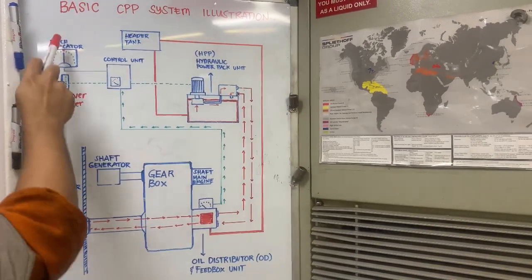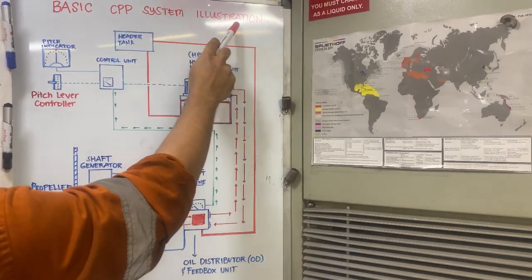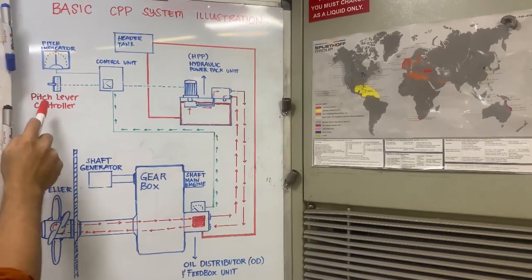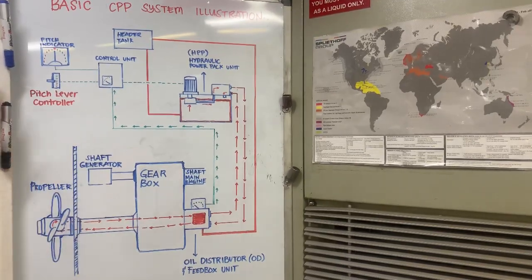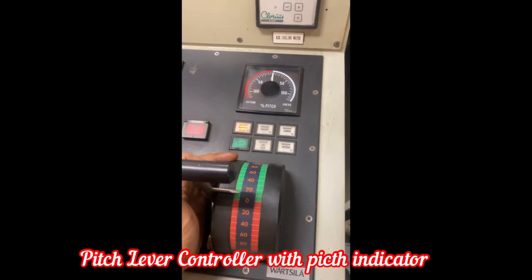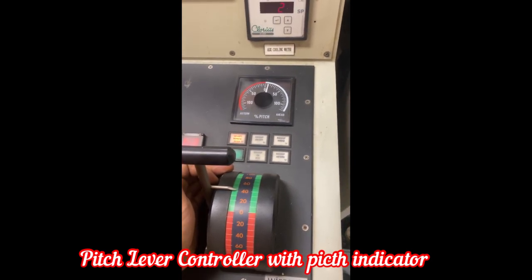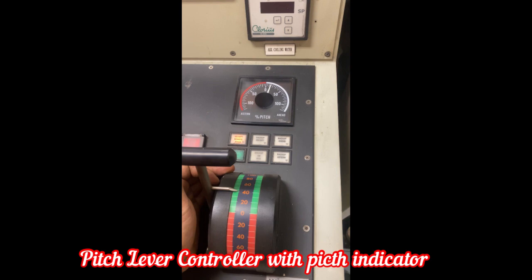So, this is your basic CPP system illustration. So, as your pitch lever controller is moved, pitch lever controller is the same principle as the accelerator of your car or your motorcycle.